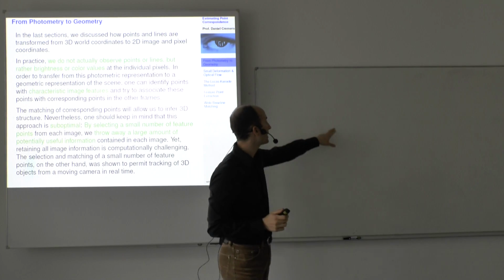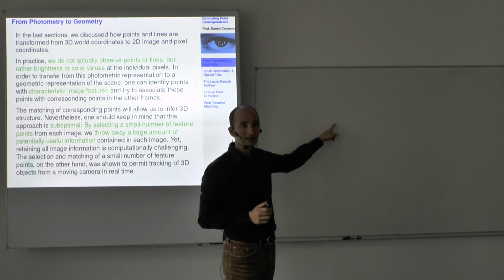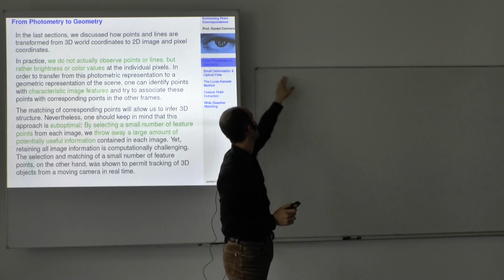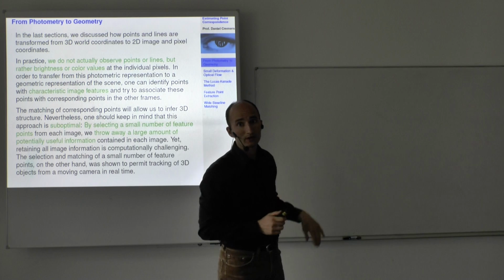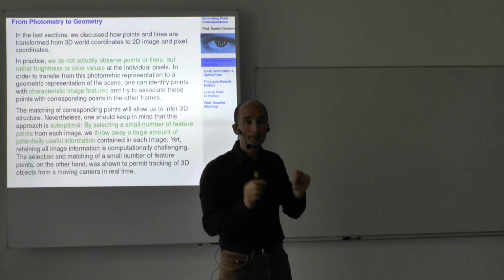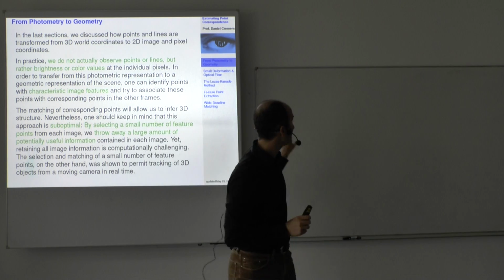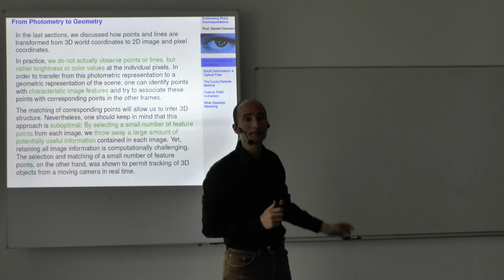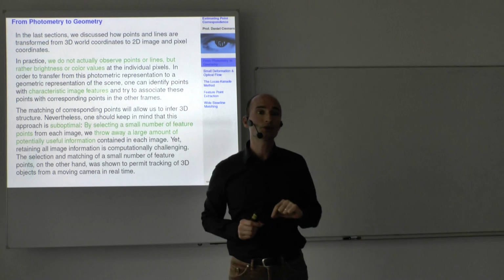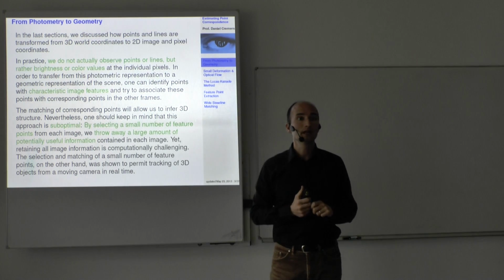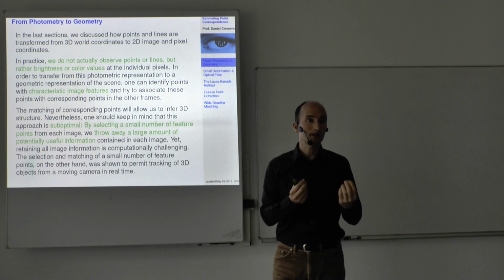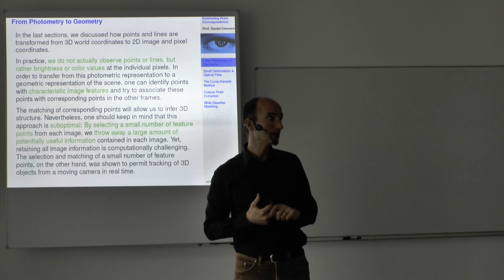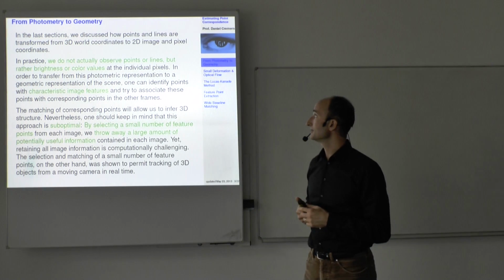You're going to have a hard time identifying this point as a characteristic point, but possibly the corner of the board may be sufficiently unique so that if you get a new image of that board, you can say there's the same corner. You want to associate points that correspond, and so you have to find points that are sufficiently unique or characterized uniquely.